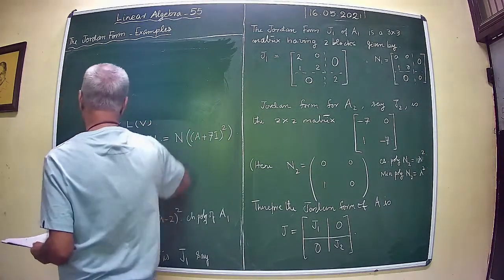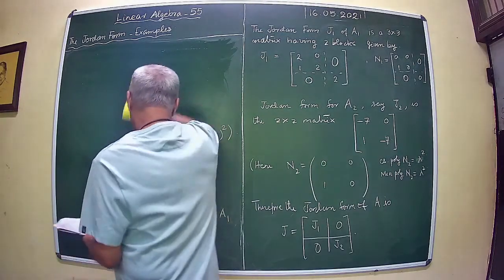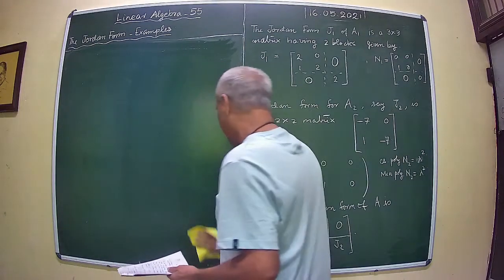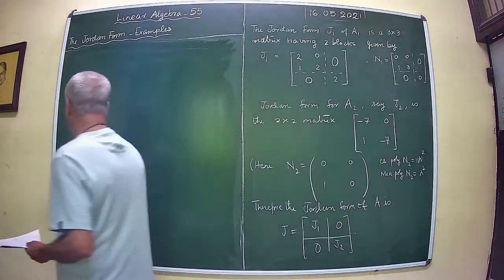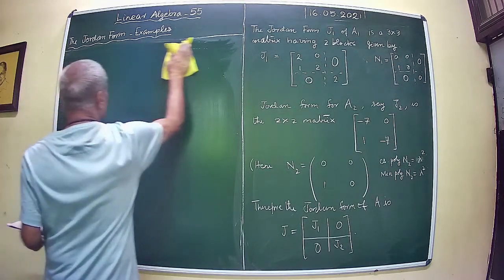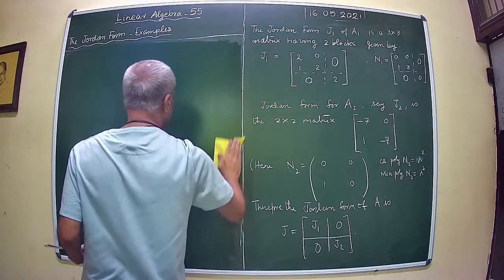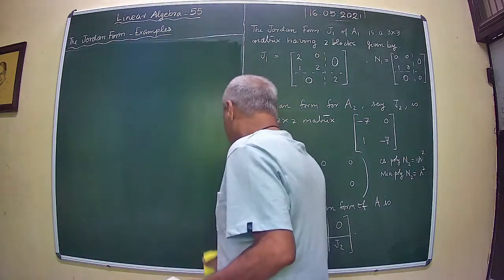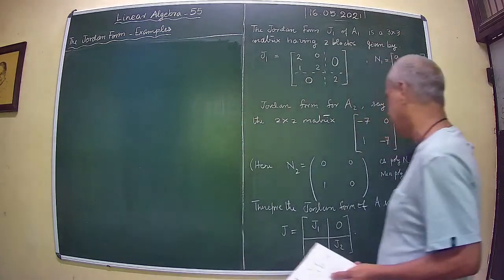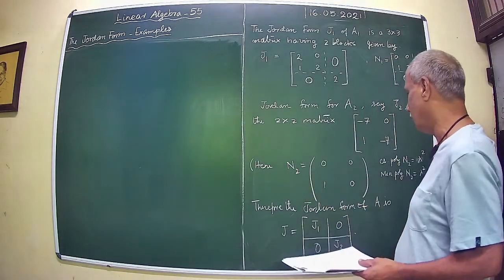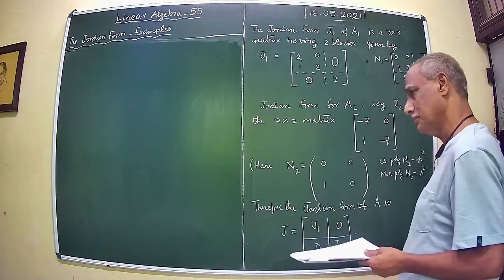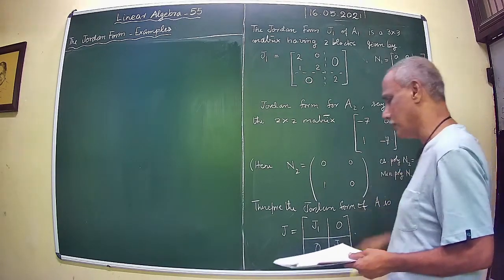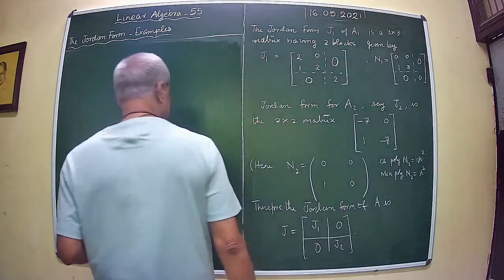See, in forming the Jordan form, or writing down the rational form for the nilpotent operators is the important part. So once you write that, it comes immediately. So here there is only one rational form for N2. Okay. That is because the characteristic polynomial and the minimal polynomials are the same.